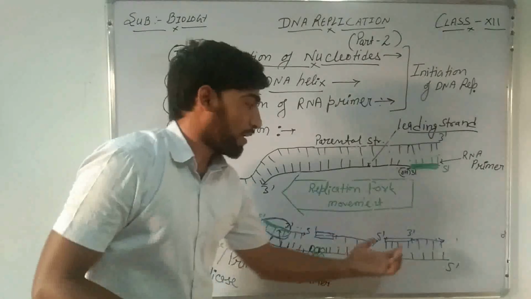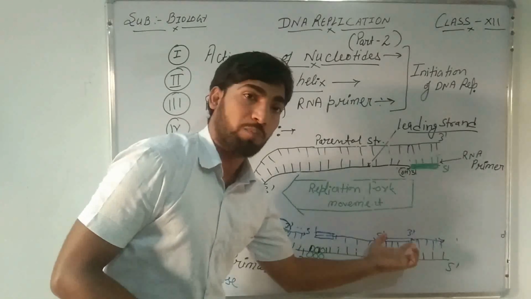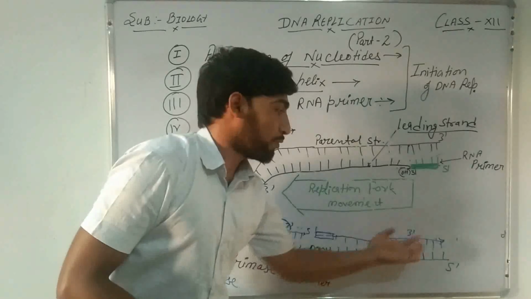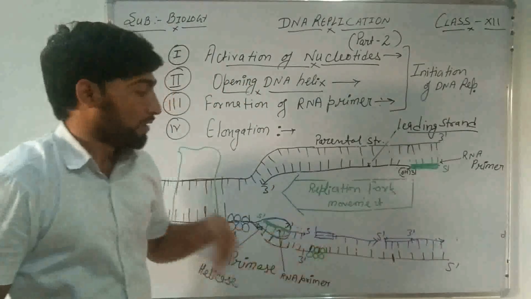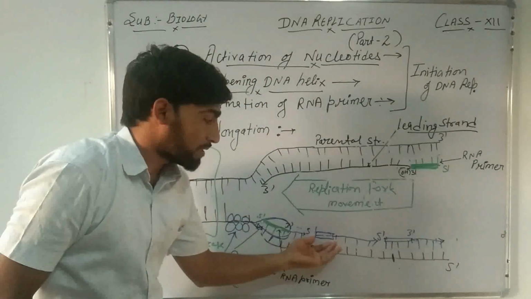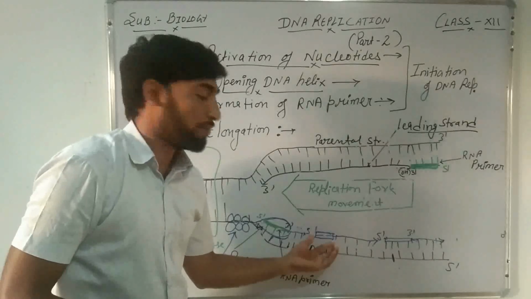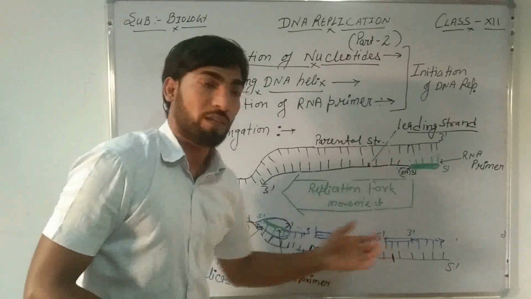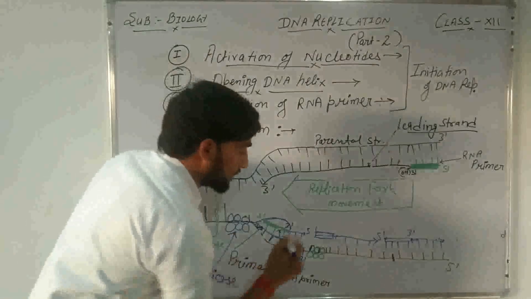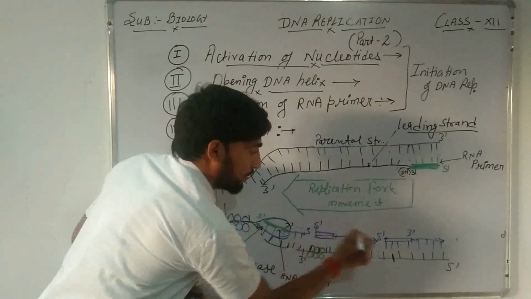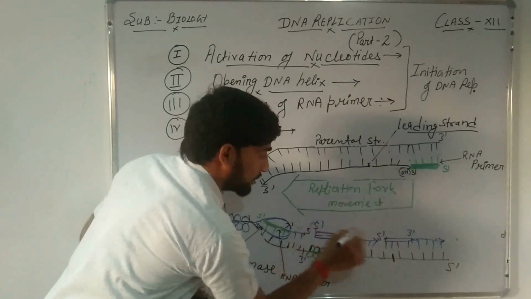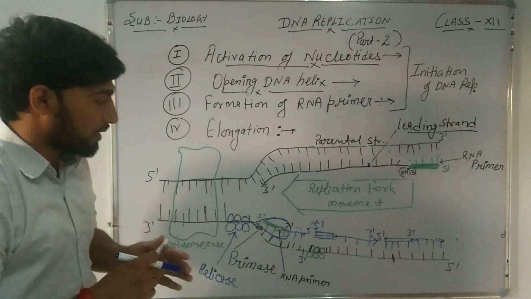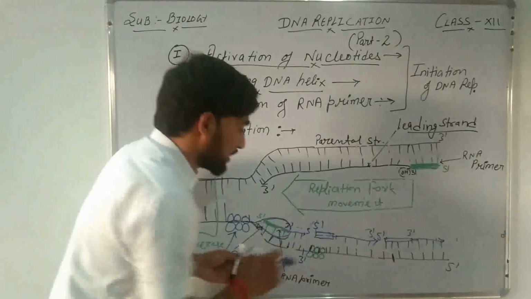So every time the RNA primase enzyme comes, it synthesizes an RNA primer and then nucleotides are added on this primer. Then again primase enzyme synthesizes an RNA primer and nucleotides are added in the direction of 5 prime to 3 prime. So the direction of these fragments is 5 prime to 3 prime. So DNA is synthesized in the direction of 5 prime to 3 prime every time.